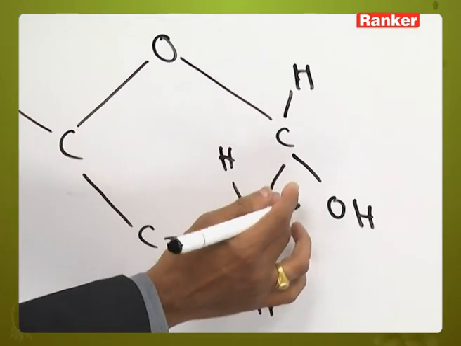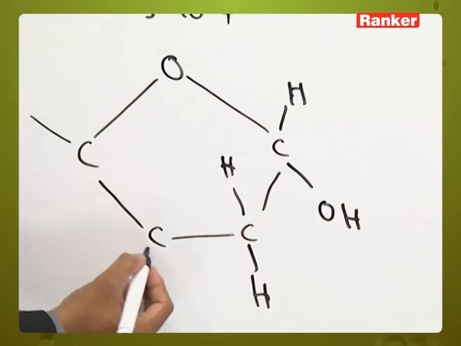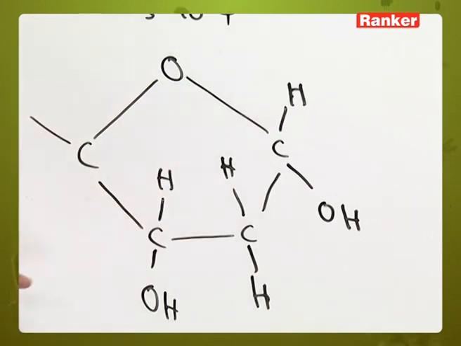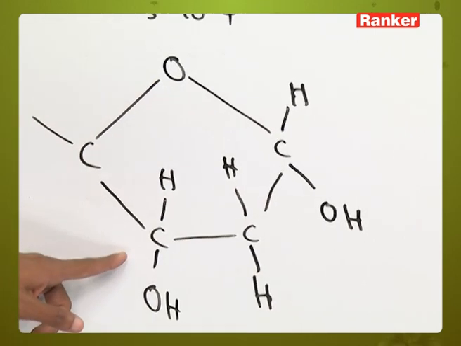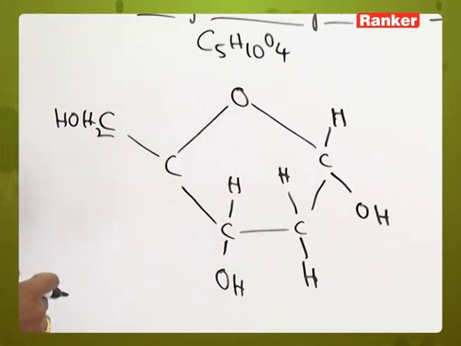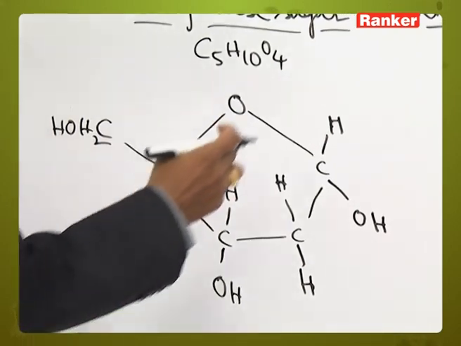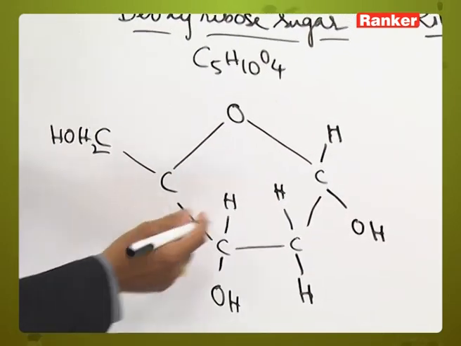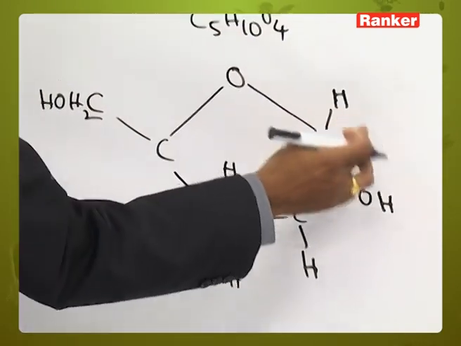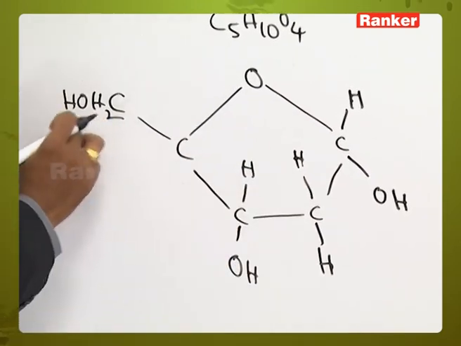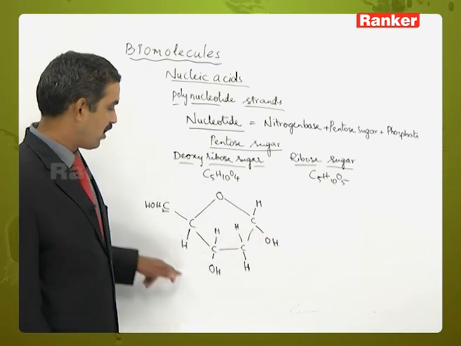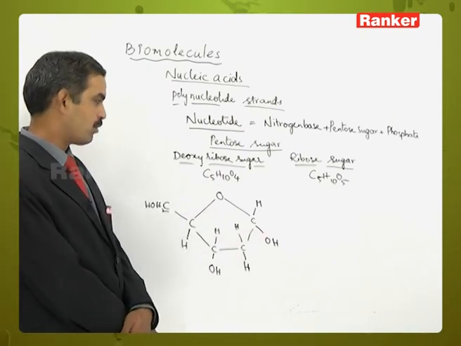Here also the valency of carbon is balanced, it is 4. So here 5 carbons are present and 4 oxygens, 1, 2, 3 and 4, and hydrogens 1, 2, 3, 4, 5, 6, 7, 8, 9 and the 10th one here. So total 10. So this type of molecular structure is there for the deoxyribose sugar.